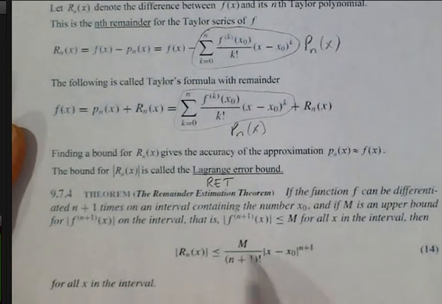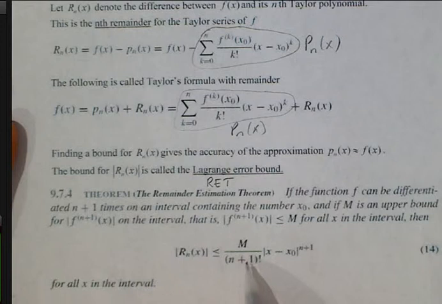Okay, so this expression here is basically the same as what we have for the Taylor polynomial, except we're extending it one term beyond that, right? So remember, it used to be just n factorial, but now we're saying n plus 1 factorial, and then the power is going to be n plus 1. And this is for all x in the interval.